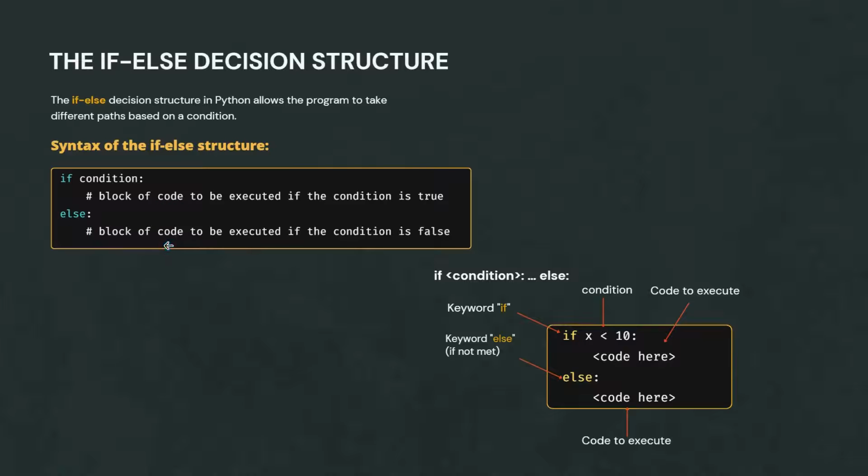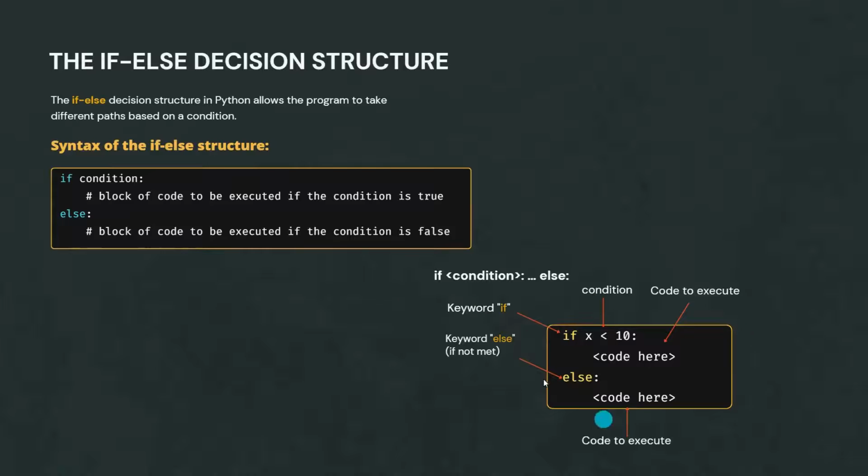It's just simple. So here is how it looks in Python. If this condition is true, if it is raining, then you will carry the umbrella. If not, which is nothing but else, you won't, or maybe you'll just walk without an umbrella.